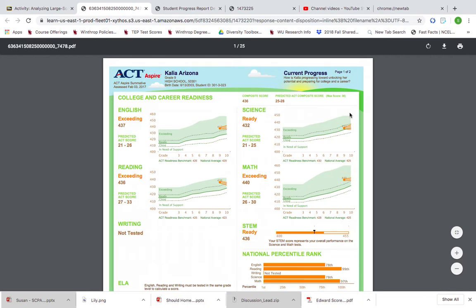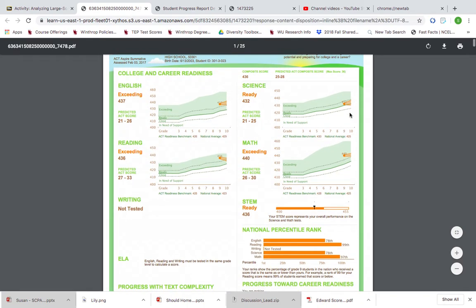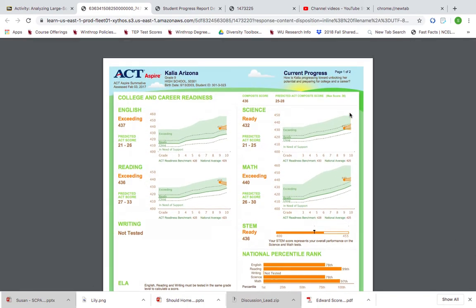So here's the ACT Aspire. Couple of things going on here. First thing I'm noticing are these descriptors: exceeding, exceeding, not tested, ready, exceeding, ready. Okay. Then I'm seeing an actual score, which tells me there is a highest score that she could earn.